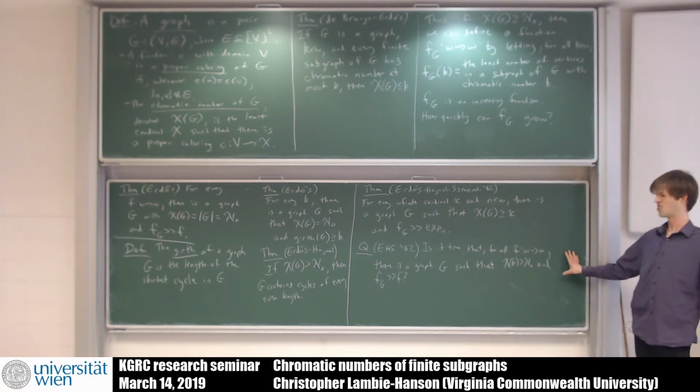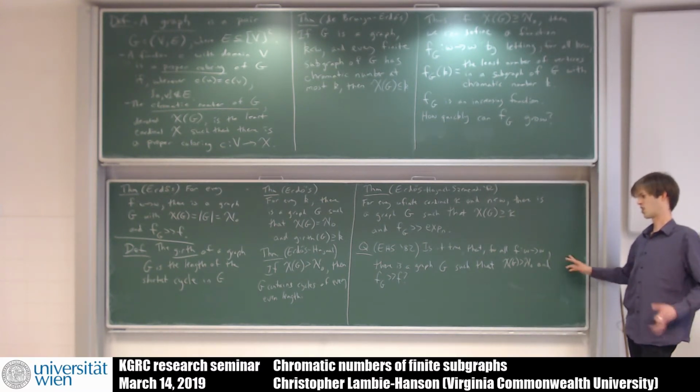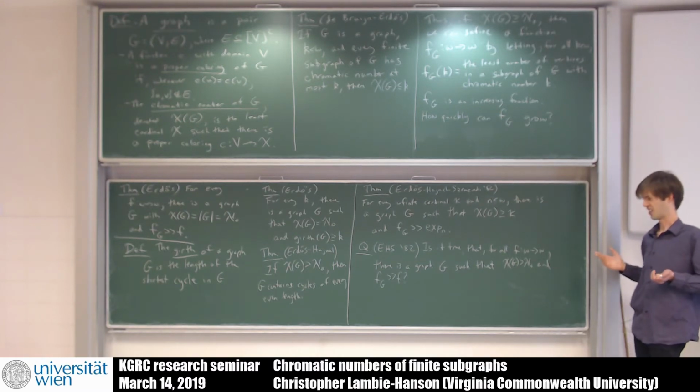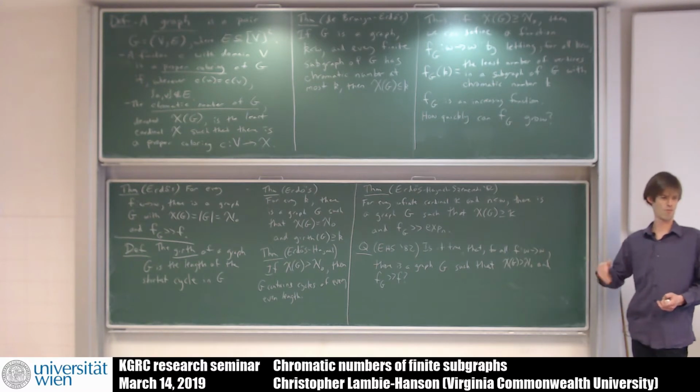This appeared in maybe a slightly different form in this paper. This question appears in many other places. Erdős liked it a lot and put it in his problem collections.